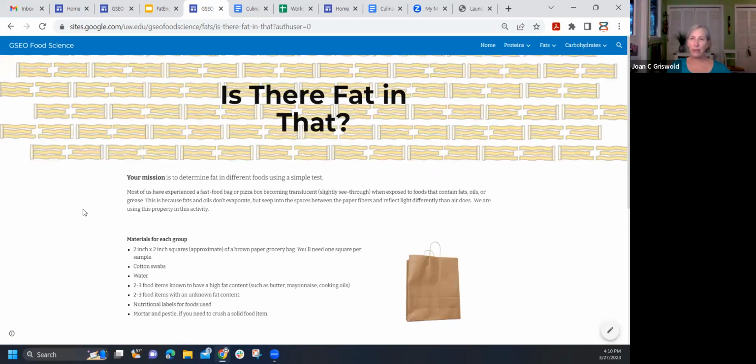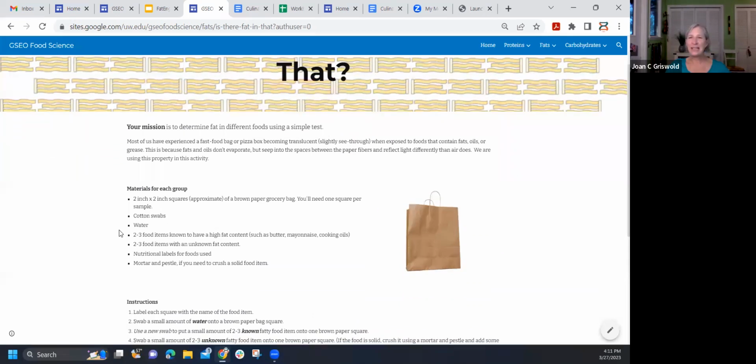And this might be familiar to biology teachers because this is kind of a common macromolecule lab. It's kind of hard to test for fat, or I should say the easiest way to test for fat that you see quite often in labs is the brown paper bag test, in all its highfalutin what it's called.